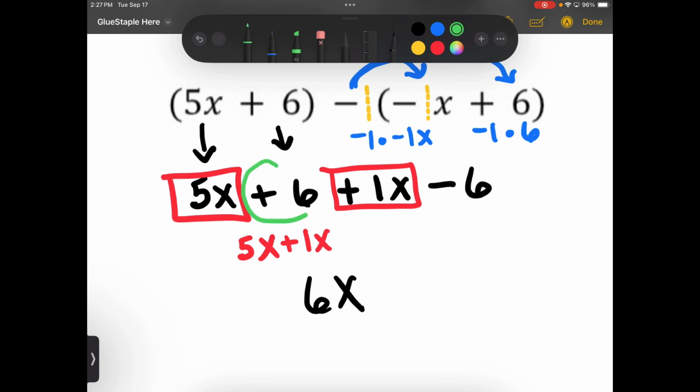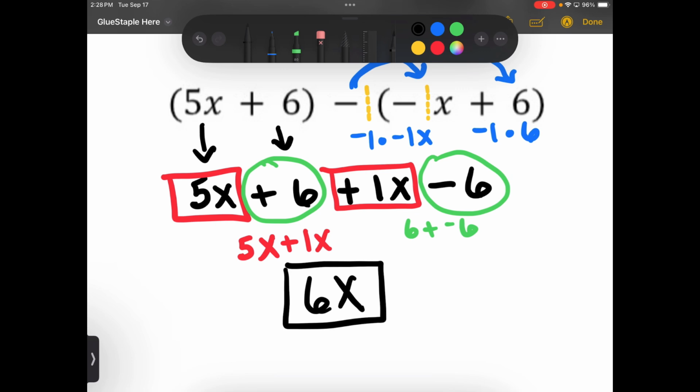Now we're going to combine 6 plus -6. You could put plus 0, but the identity property of addition says anything plus 0 is itself. So do I need to write the plus 0? No. Just 6x. That's your final answer.